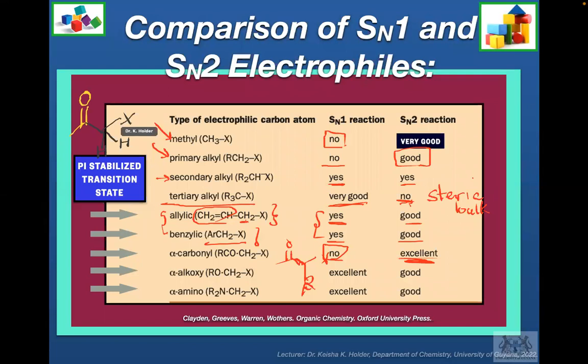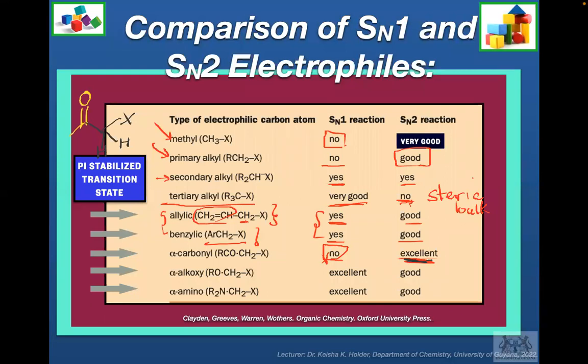This electrophile will work well for SN2, and it will not react at all for SN1. Okay? So let's just erase that.